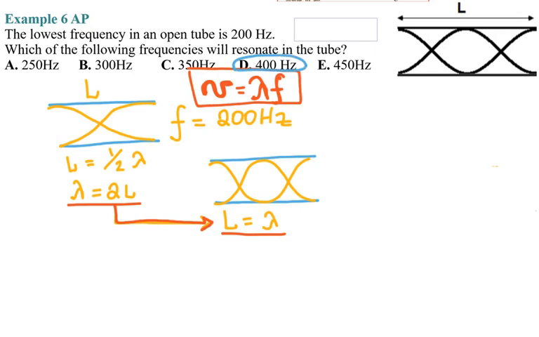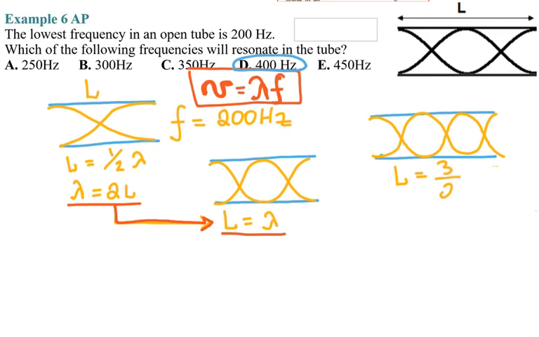I can look if there is more. So for the next one, I can say, okay, here's the same pipe, and now I'm going to have this wavelength. In this case, my pipe is equal to 3/2 of the wavelength, then the lambda is equal to 2/3 of L. Now I'm going to compare this with the original one.